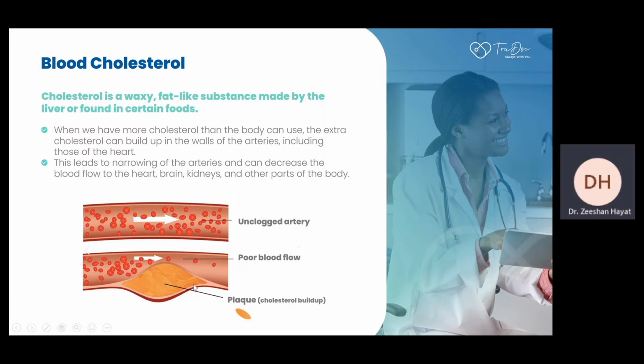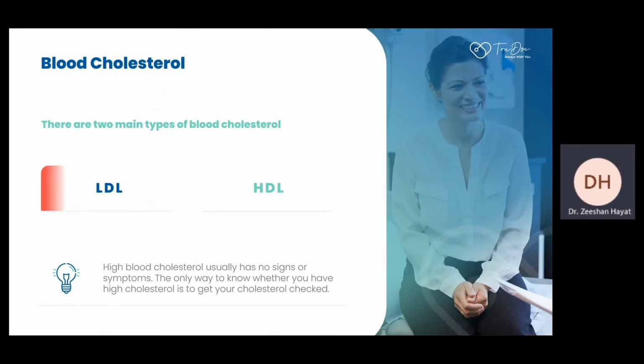But just one reading of high cholesterol does not tell the whole story. In a lipid profile you have different types of cholesterol within your body: the LDL and the HDL. LDL is low density lipoprotein.